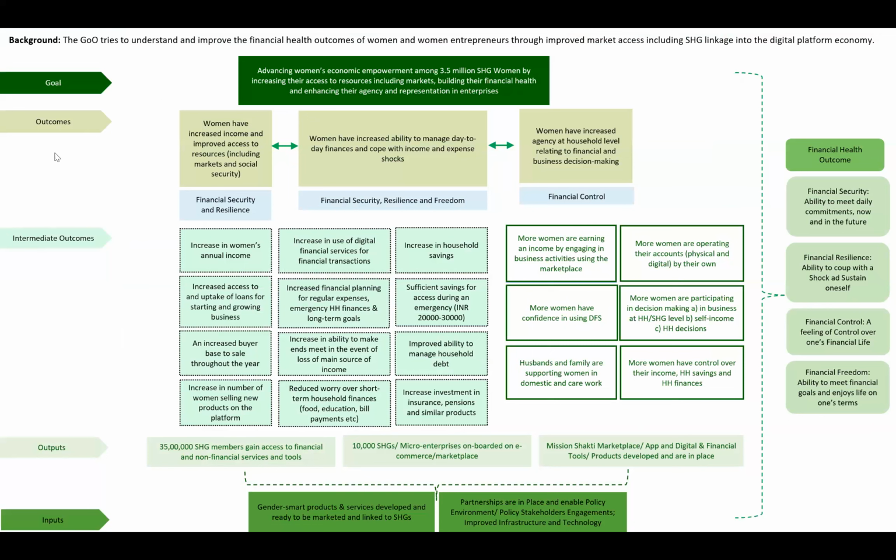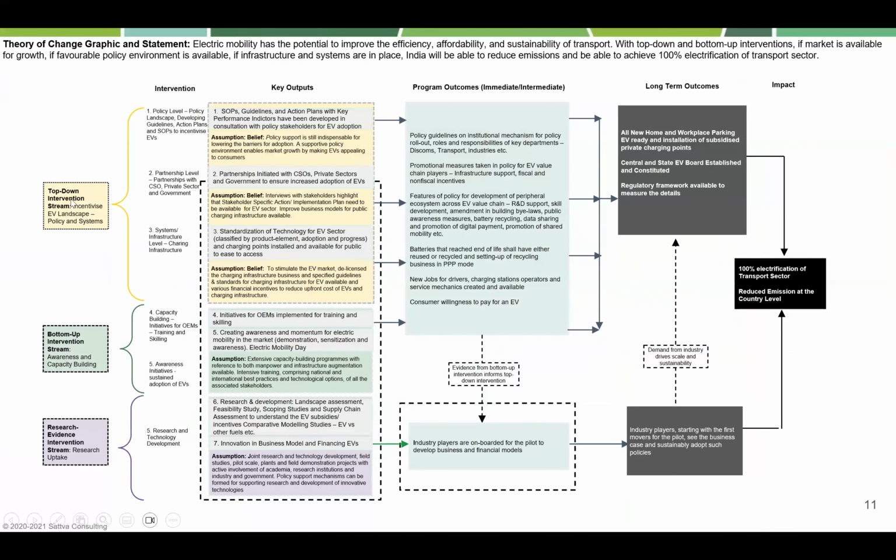So if you take a look at this slide, in the whole intervention area I talk about three different things. One is the top-down intervention, in a sense I'm working closely with partners like CBOs, NGOs, the government, Niti Aayog, or private players. At the same time, the bottom-up intervention, where I work closely with master trainers or do some community-level awareness initiatives on why people need to opt for the EV.